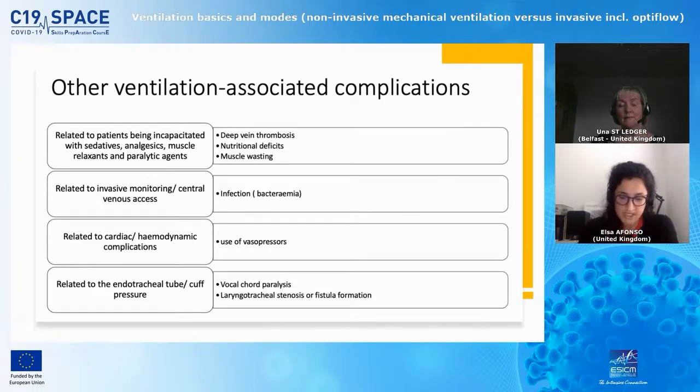Because patients will need invasive monitoring and central venous access, they will be at extreme risk of infection, namely bacteremia. Cardiovascular complications make them subject to the use of vasopressors, and related to the endotracheal tube or cuff pressure, these patients can develop vocal cord paralysis, laryngotracheal stenosis, or fistula formation.